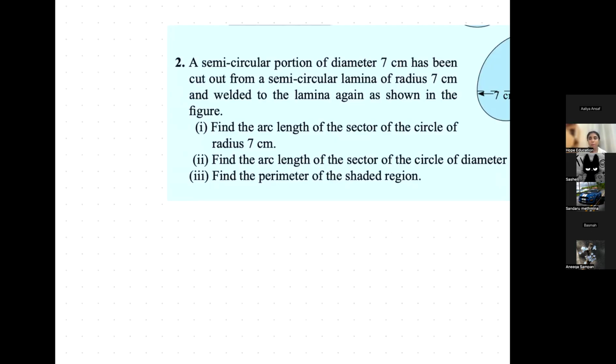Kushit, Joshua, Basma done anyways. Sandaru, Sasheli. Joshua? Okay, seems like everybody has finished.